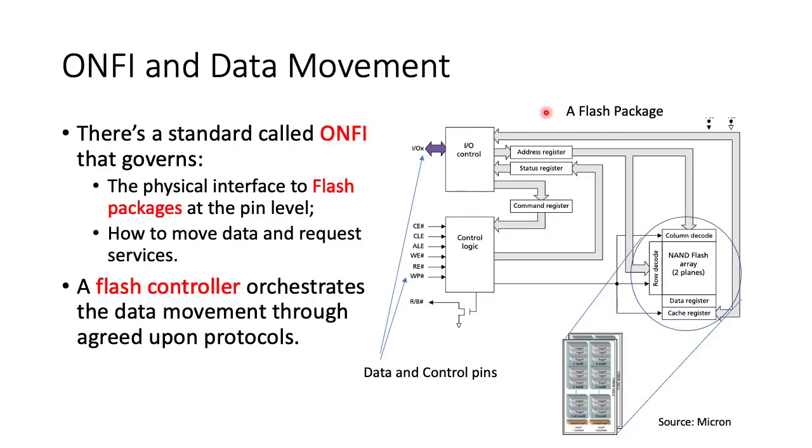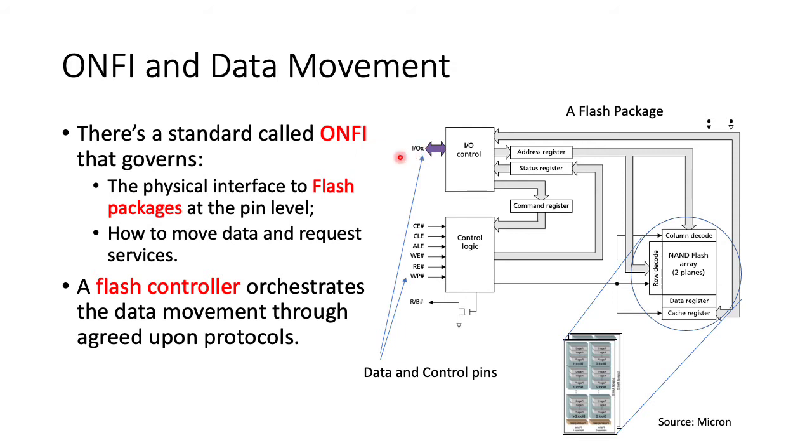A flash package is a physical chip that contains the LUNs. There's a standards body called ONFI that determines the physical and electrical interfaces for the packages. The signals are divided into data signals and control signals. This means that someone inside the SSD but outside the flash package is supposed to be communicating commands and getting data in and out of the package through the ONFI signals.